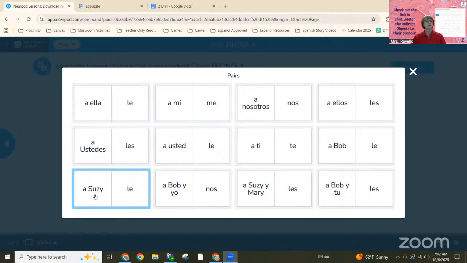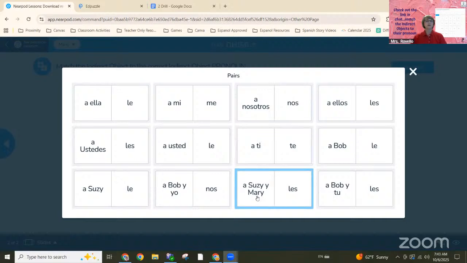A Susie, because it'd be the same thing as ella, it would be le. So be thinking, you guys, me, te, le, nos, and les for indirect object pronouns, not only for people, but for things as well. A mí me, a usted le, because it's singular. A Bob y yo would be nosotros, and therefore nos. A nosotros nos. A ti te.